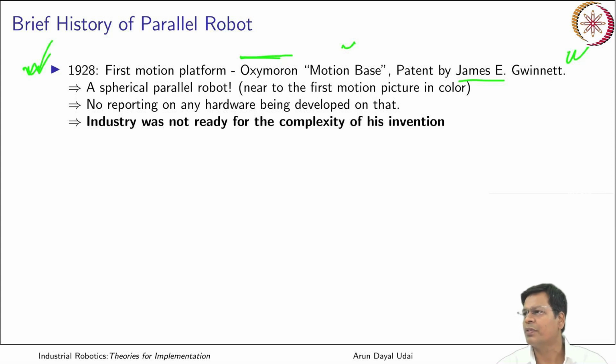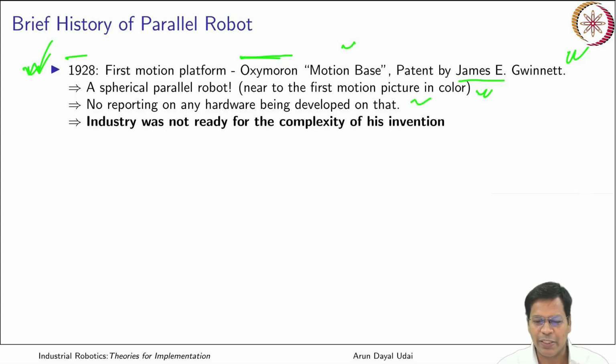This patent was filed almost near the first motion picture which came in a similar year, okay, and it is so age old, you know. So even the serial robot was reported quite early in those days. So yes, and no reporting on any hardware being developed on that, okay.